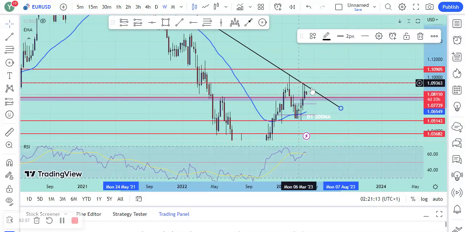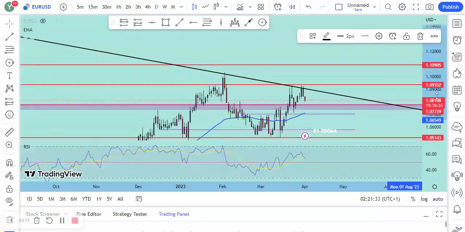There is a major confluence around that zone that makes it difficult for price to break through. So if we consider it the way it is, we know that price around this axis will definitely come down. Now let's go back to the daily time frame.